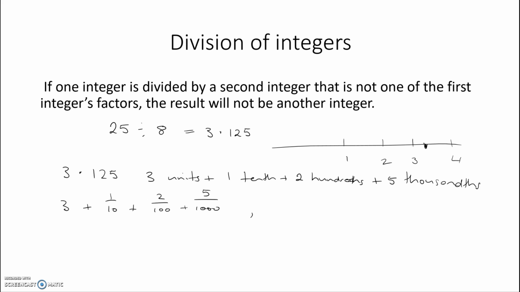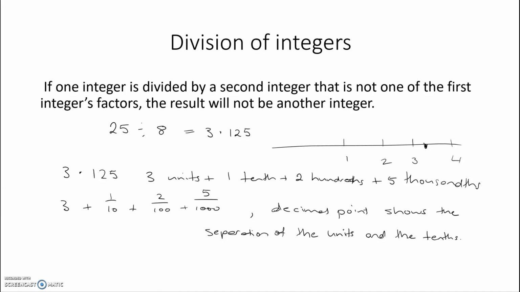So we know all that, and that the decimal point is between the units and the tenths. So it's between 3 and 1/10. So numbers like this are called decimal numbers.